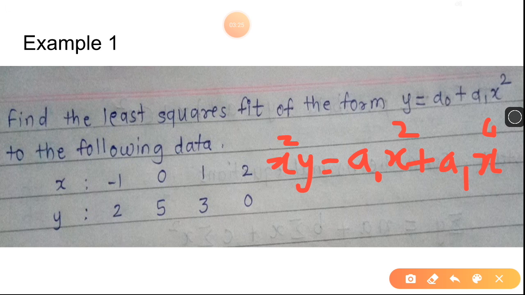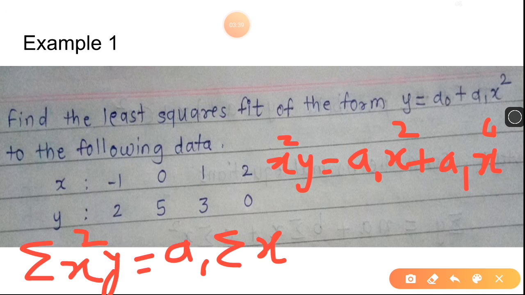Now write this equation for 4 data points and then add them together. Then the normal equation will be summation x square y is equal to a naught summation x square plus a1 summation x to the power 4.